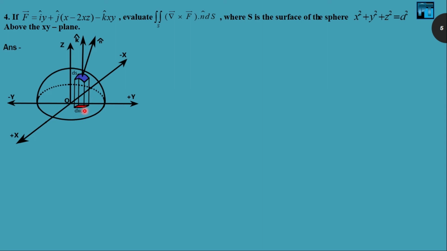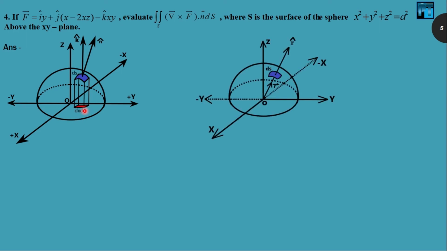Imagine or visualize this surface like this, using the spherical polar coordinates. This is our elementary area, and what is the direction of that elementary area? It is along the r cap. Why?